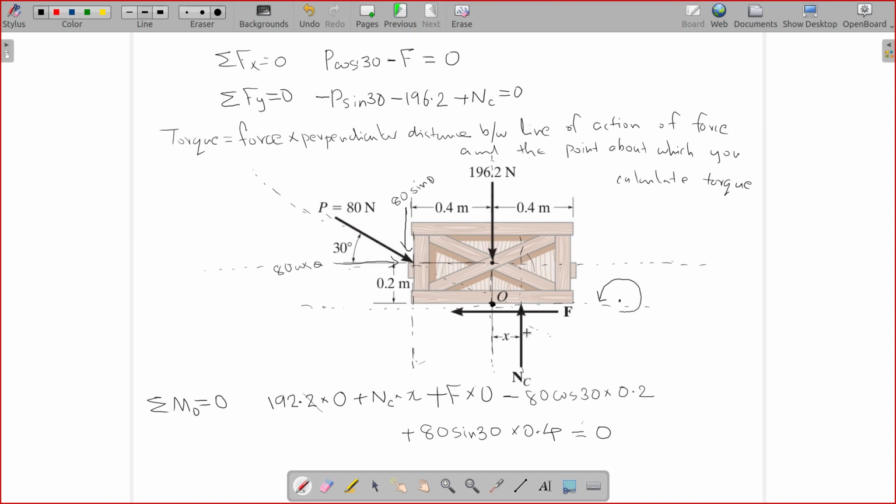The object will not be in equilibrium because a negative value is not practically possible here. And this will not be in equilibrium, right?